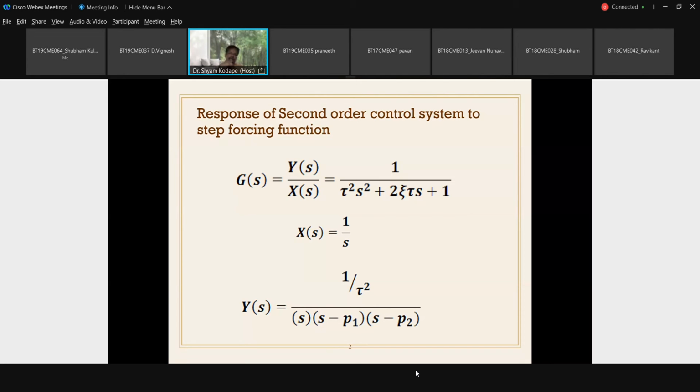Now consider the response. As we have said, there are two ways to study the responses: one is the experimental method, another is the mathematical method. In experimental methods, we deliberately impart a change into the input.